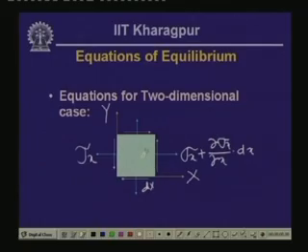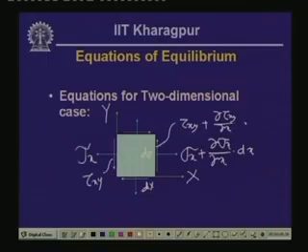This is tau x y, and this is tau x y plus del tau x y del x over the length dx. This is sigma y, this is sigma y plus del sigma y del y over the length dy.